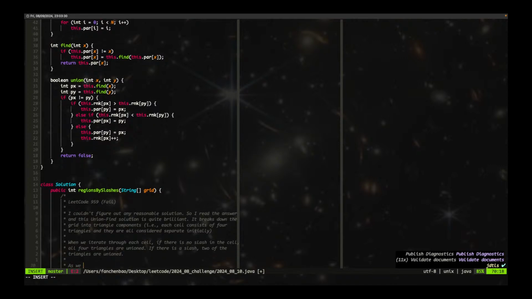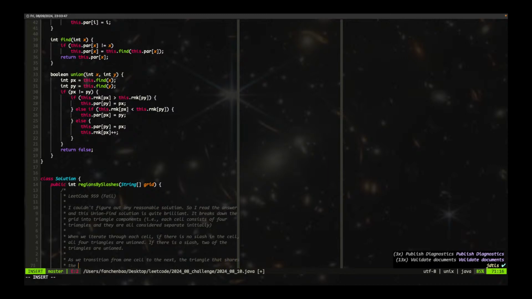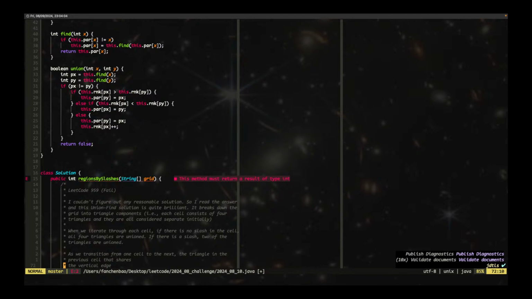Now, as we transition from one cell to the next, the triangle in the previous cell that shares the edge with the current triangle shall also be unioned.